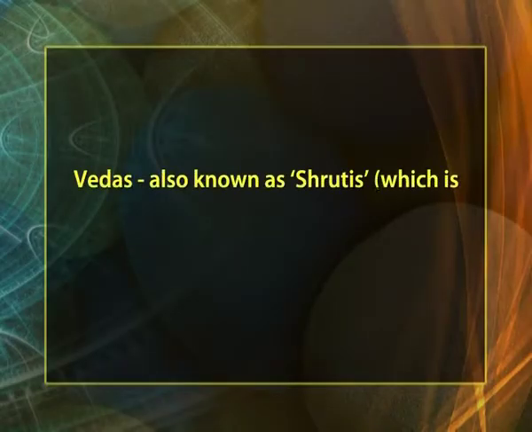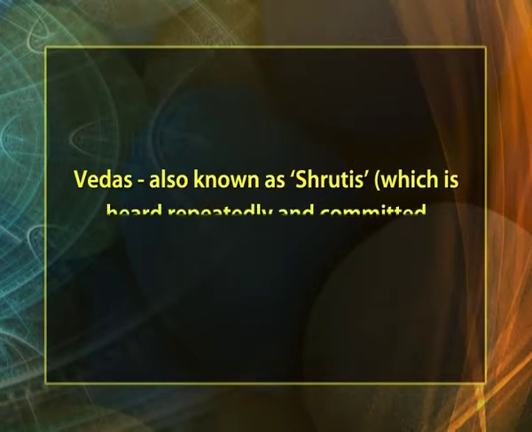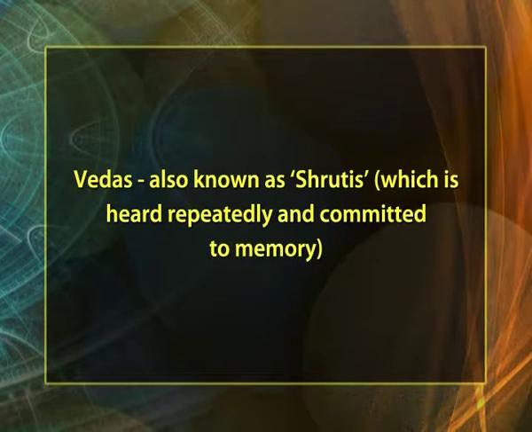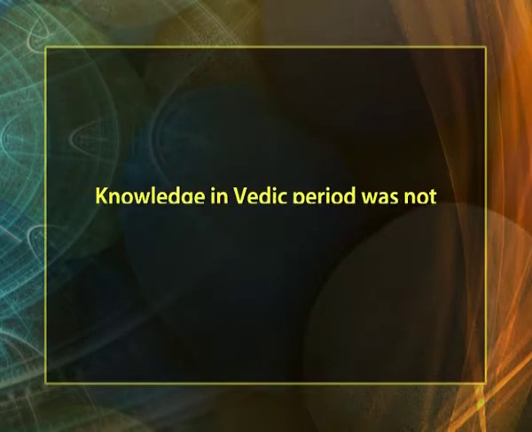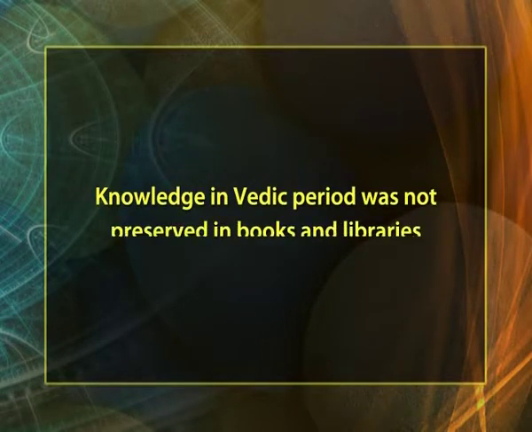It's on this account that Vedas were also known as Shrutis, which means heard, repeated and committed to memory. Knowledge in Vedic period was not preserved in books and libraries as printing had not come into existence.